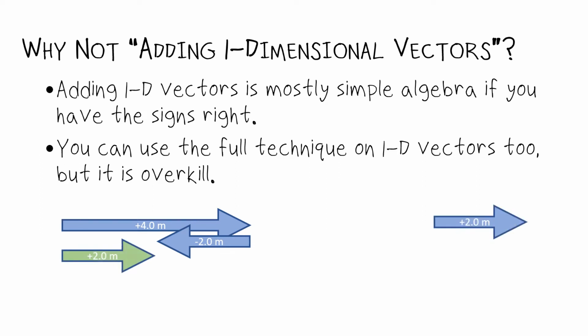That's it. Another example, you go 2 meters to the right, that's plus 2 meters. Then you go 4 meters to the left, that's minus 4 meters. How far are you from where you started? Positive 2 meters plus a negative 4 meters gets you a negative 2 meters. You are negative 2 meters to the left of where you started. And that's it. You've got one-dimensional vectors down.